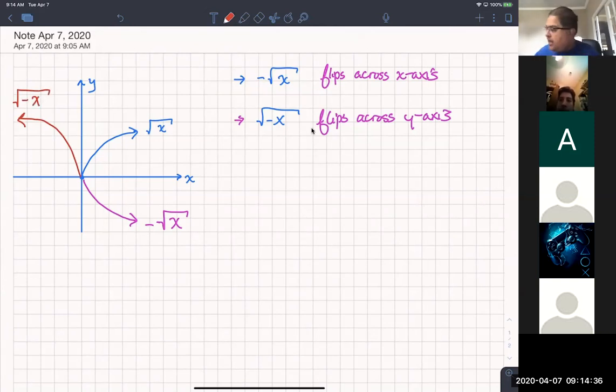Okay. And the last thing is this guy right here. This flips it across both the x and y axis.